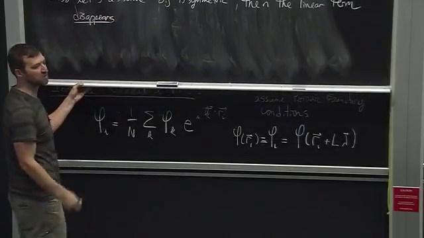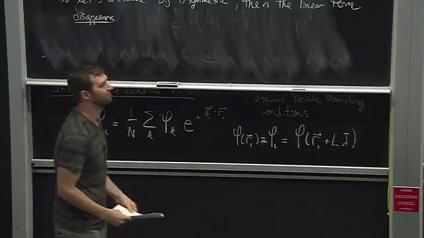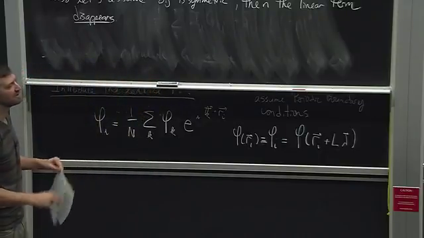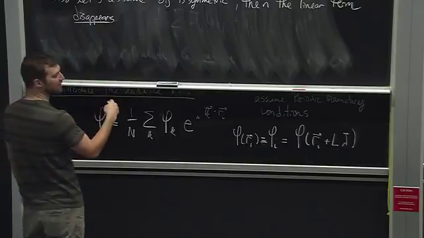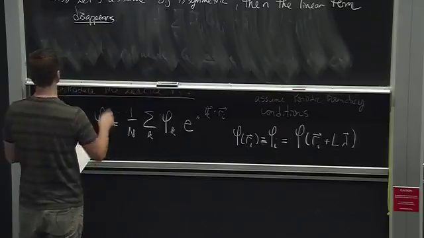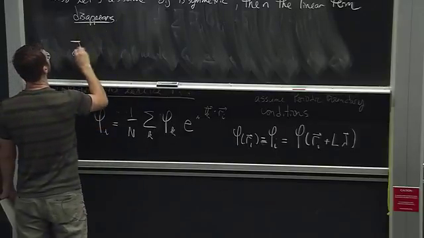So again, we're making assumptions about the interactions. They're not always valid, so you have to keep that in mind if you're doing a real calculation.